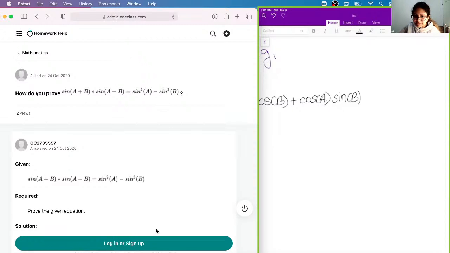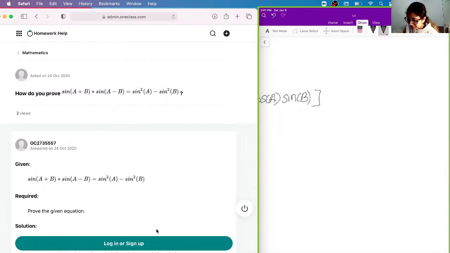And so now, since it's a multiplication with sine a minus b, we would multiply this with our difference equation, which is sine a times cos b minus cos a times sine b.